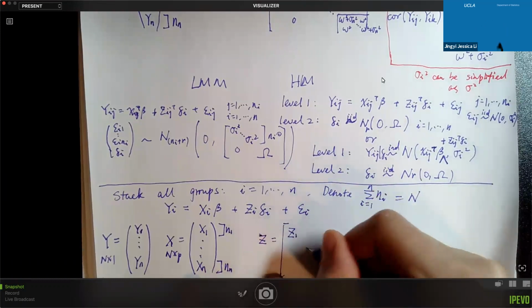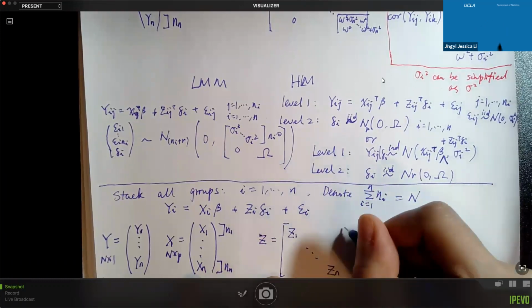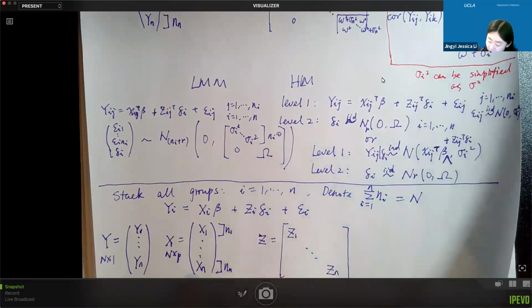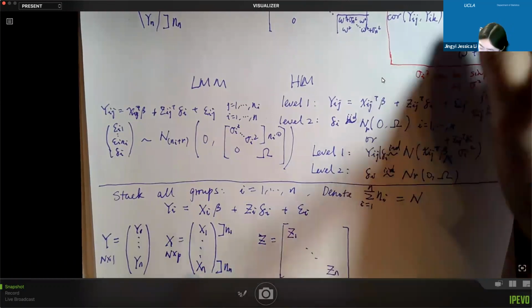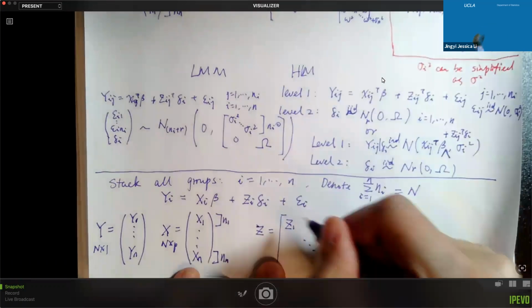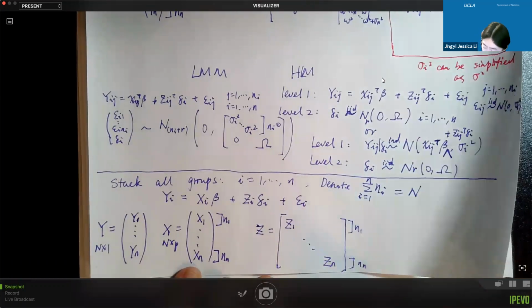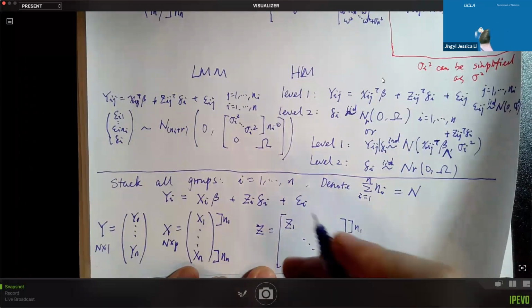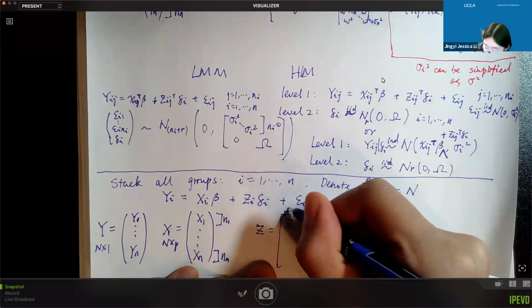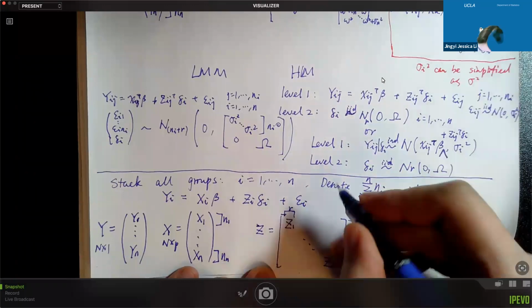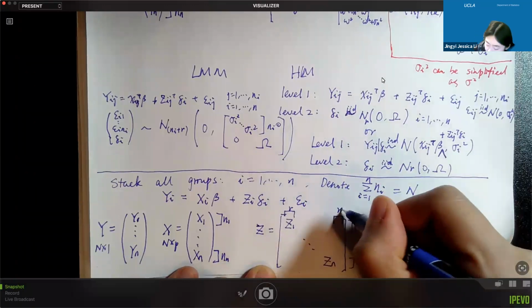Z1 to Zn. So I'm going to stack them in the block diagonal way. So you see, this is like N1, this is Nn. But the total here, you see, the first R columns from Z1, the last R columns from Zn.